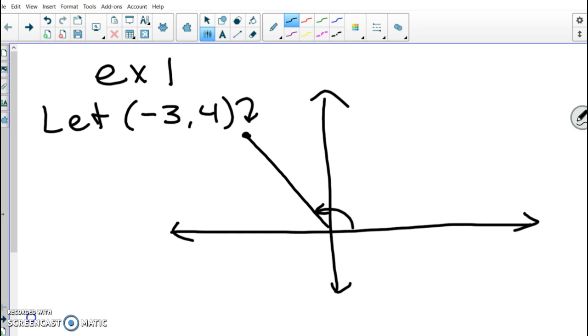So what I always like to do is draw that line down to the x-axis. We can see we have the point negative 3, 4.